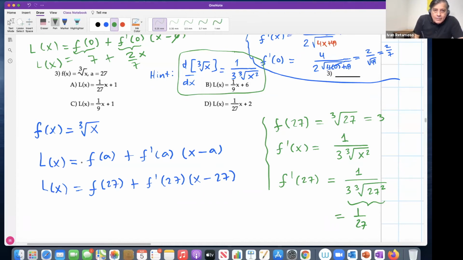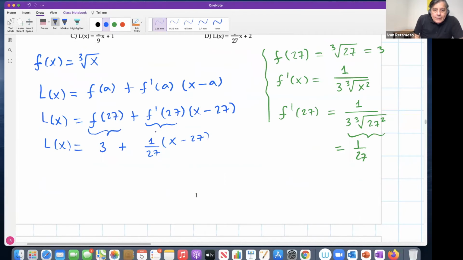The rest should be just simplification. This derivative is, we just showed, 1 over 27 times x minus 27. Now let's distribute our multiplication. Here, the linearization will be 3 plus 1 over 27 times x.